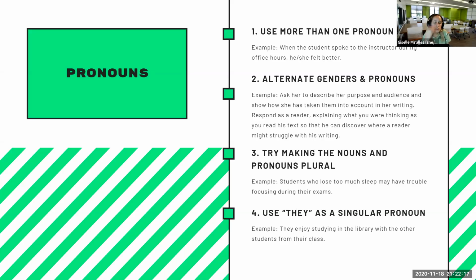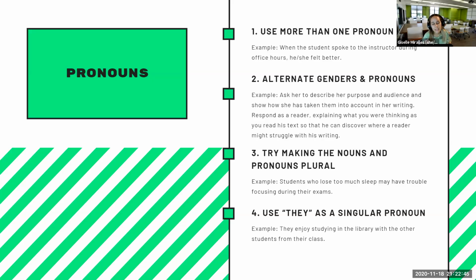The third strategy is to try making the nouns and pronouns plural. So instead of using a singular pronoun or noun, you can just make the whole sentence plural. So instead of saying something like, the student who lost too much sleep might have trouble focusing on her exams, you can just make it plural by saying students who lose too much sleep may have trouble focusing during their exams.